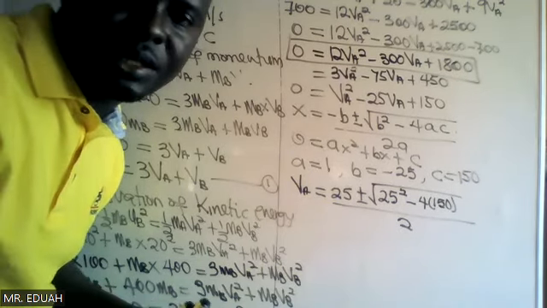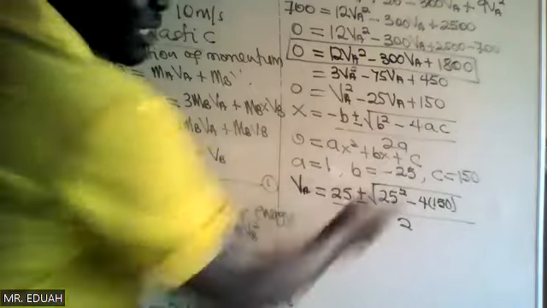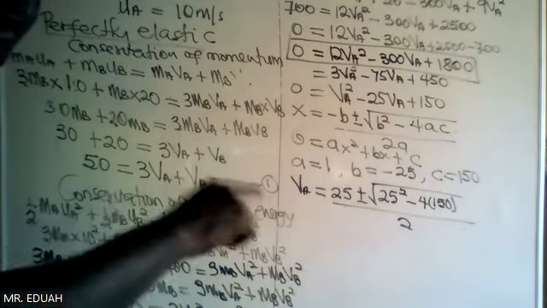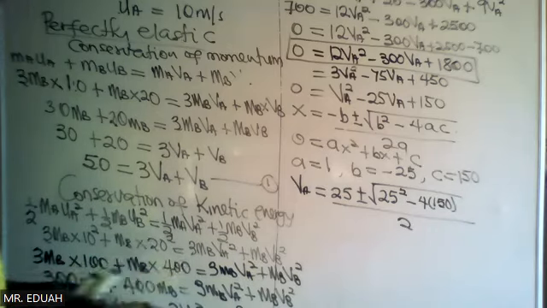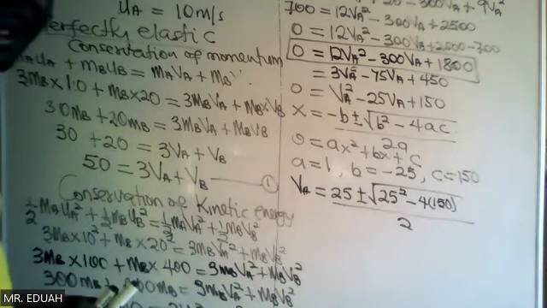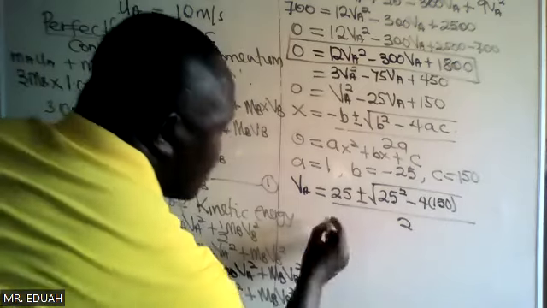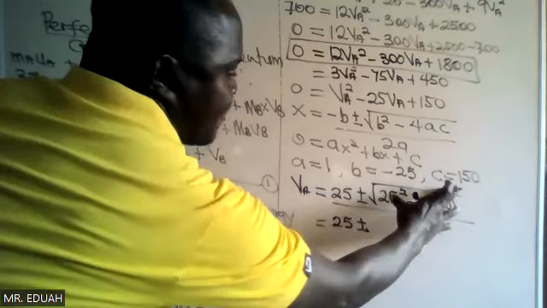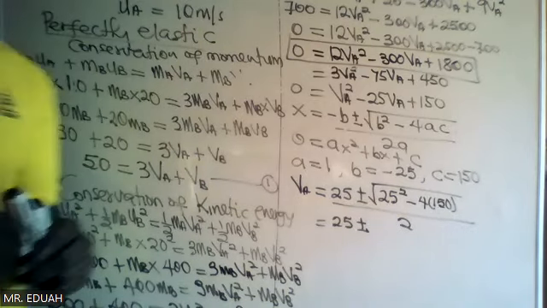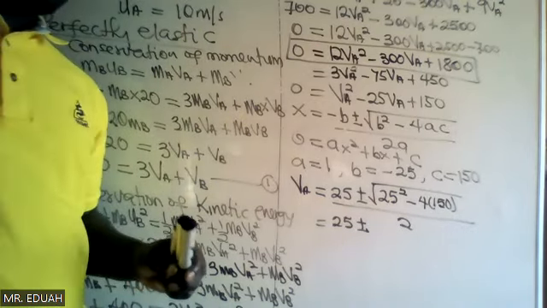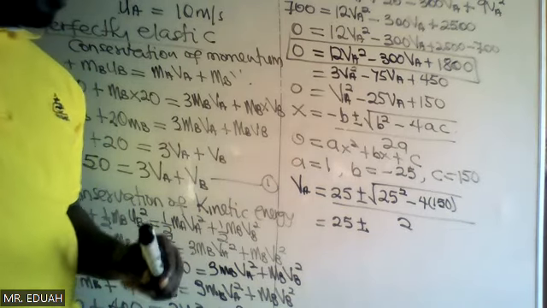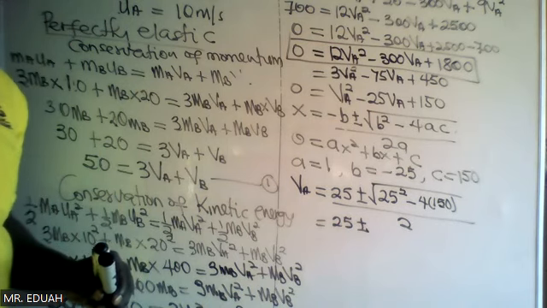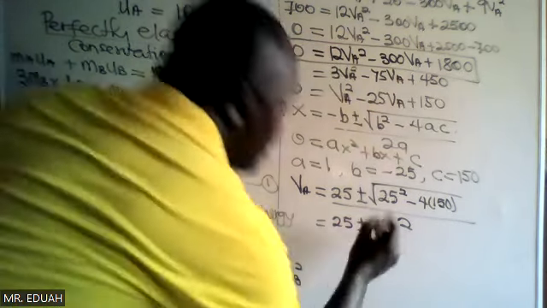Please simplify what you have within the bracket and then give me the final answer. Square root of 25 squared minus 5, that is 5.